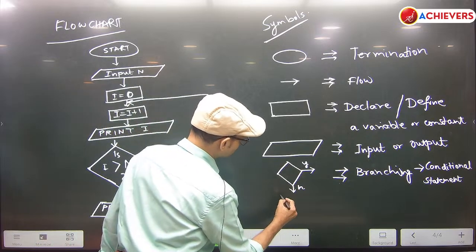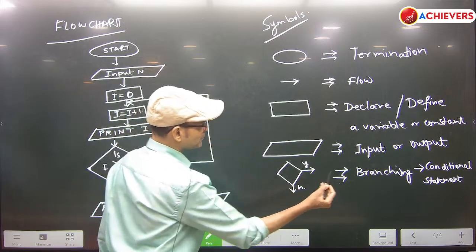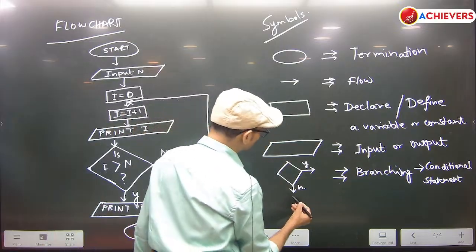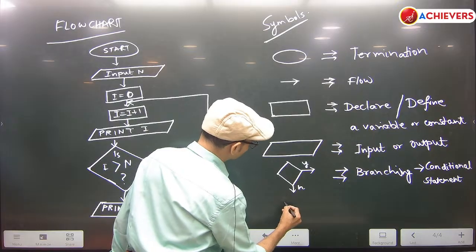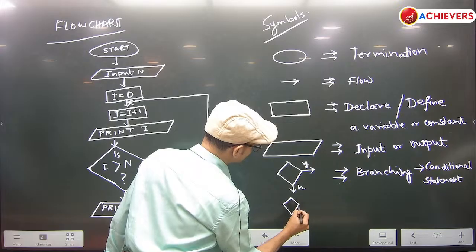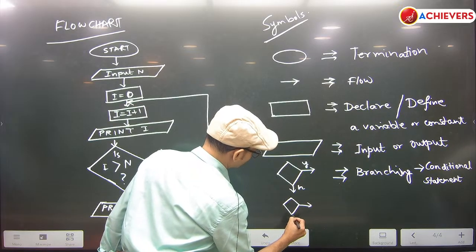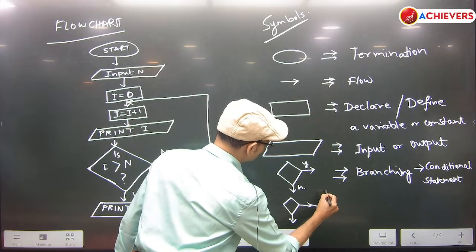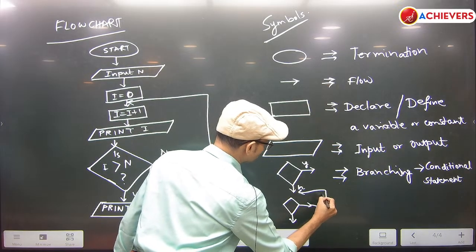So over here, other than the branching, we can lead to the loop. So we have to show the branching, and along with that we have to show this.